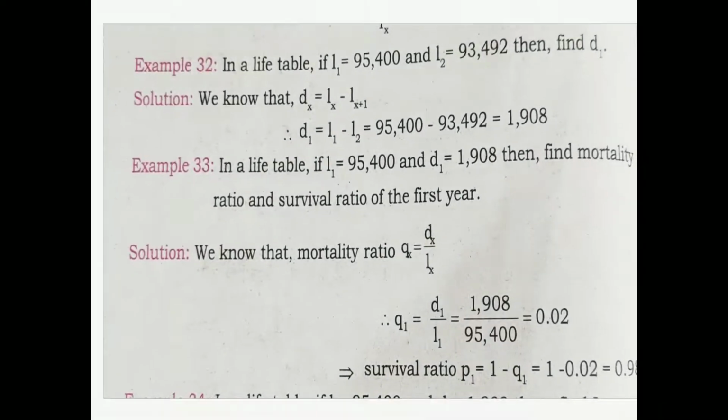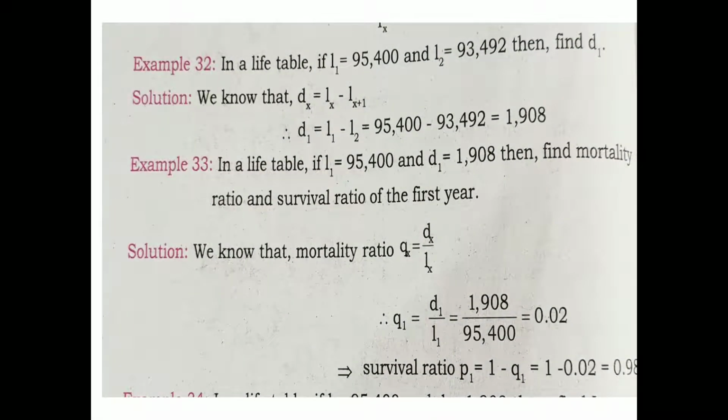Next, example 32. In a life table, if l1 is equal to 95,400 and l2 is equal to 93,492, then calculate d1.